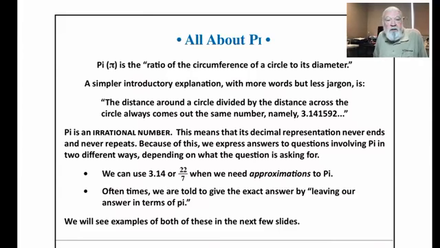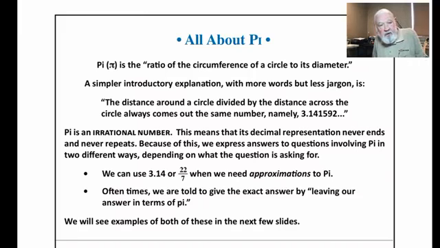Other times they'll say leave your answer in terms of pi, and that's called giving the exact answer. I'll be giving you a few more details on this in the next few slides. But before we go on, let's recap this about pi. Basically, at its very core, for our purposes today, pi is the distance around a circle divided by the distance across.